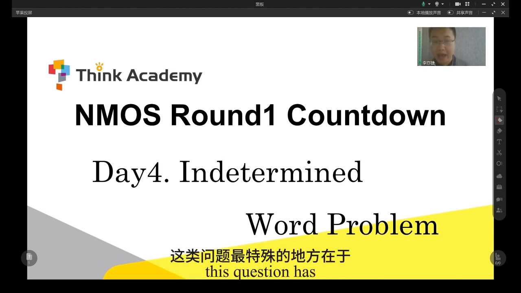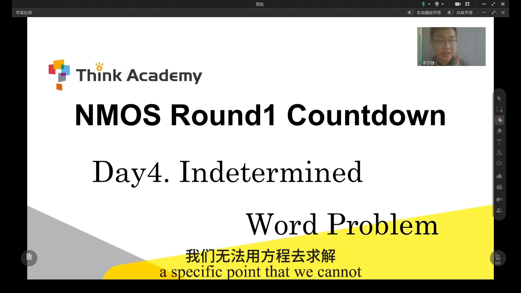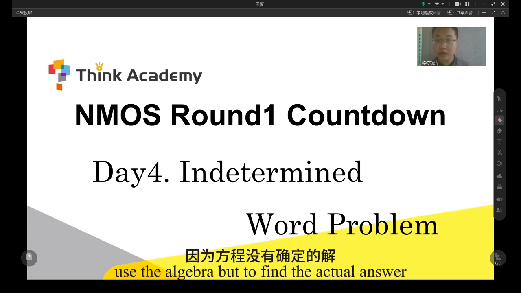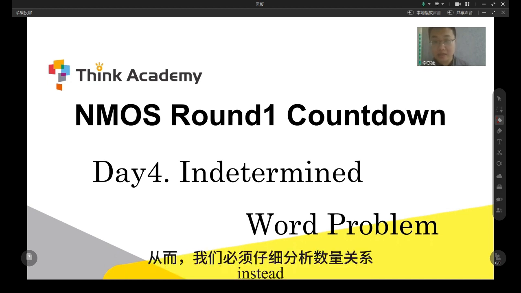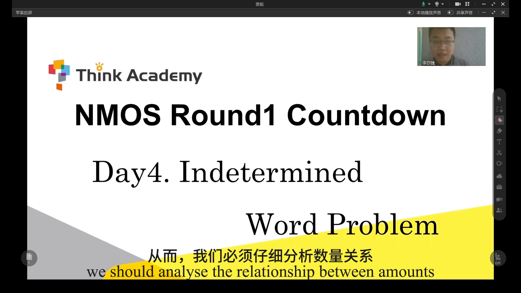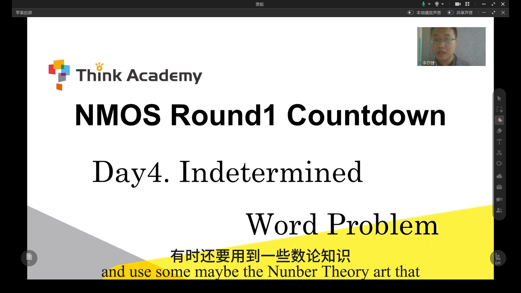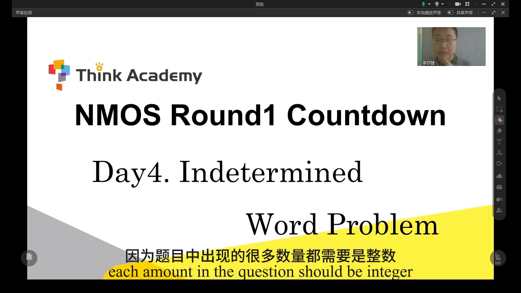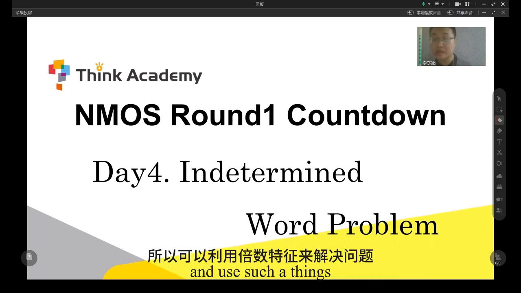This question has a specific point that we cannot use the algorithm to find the actual answer, as the algorithm may not be able to solve it. Instead, we should analyze the relationship between amounts and use some number theory, that each amount in the question should be an integer, and use such things to help us find what the answer is.